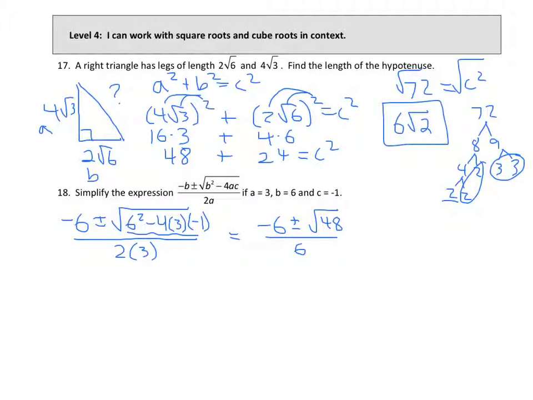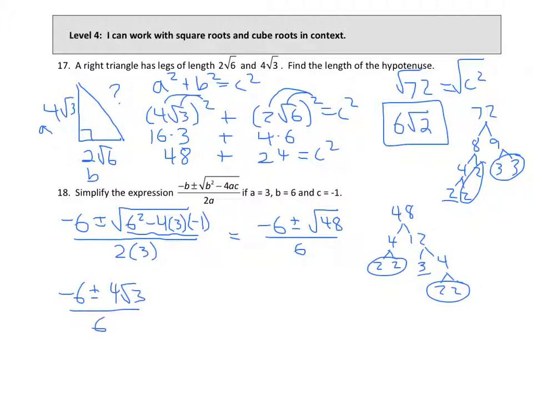Now we would simplify our radical, so the square root of 48, make a factor tree, 4 times 12, 2 times 2, 3 times 4, 2 times 2. So we have 2 pairs of 2's, and a 3 stays inside. If we take out 2 2's, that's a 4, so we get negative 6 plus or minus 4 radical 3 over 6.